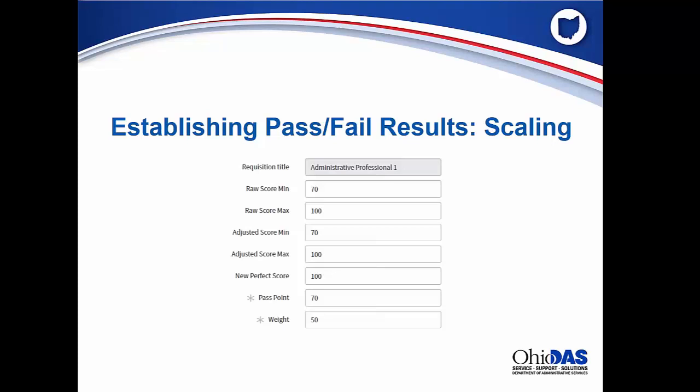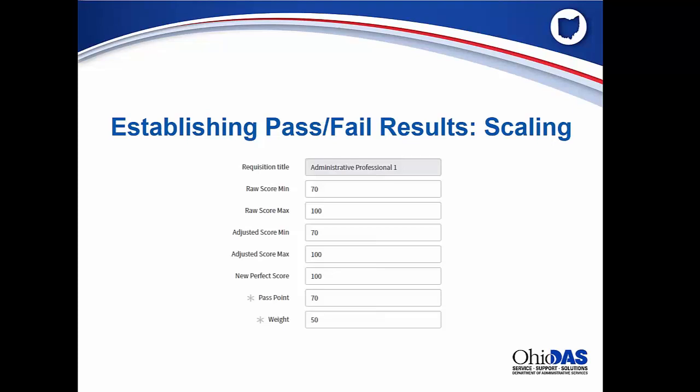One thing to note, though, the rescaling of scores is optional. We can leave this as is, what we see here, but the scale it feature, the scale it link that we click on in a little bit, that's actually required because it determines the pass-fail status of each candidate.